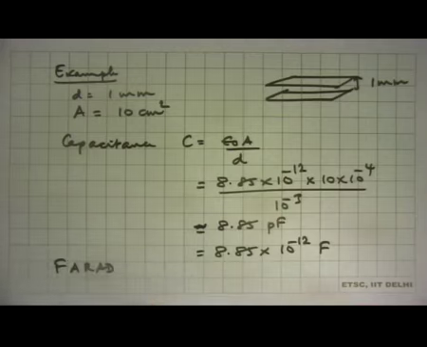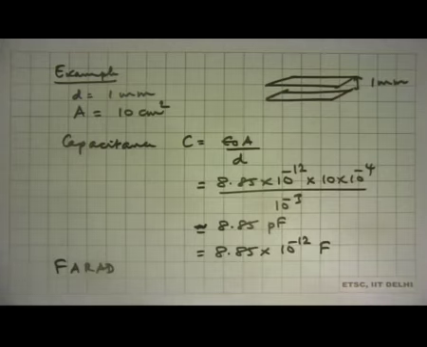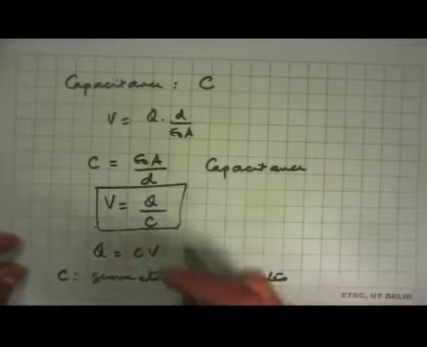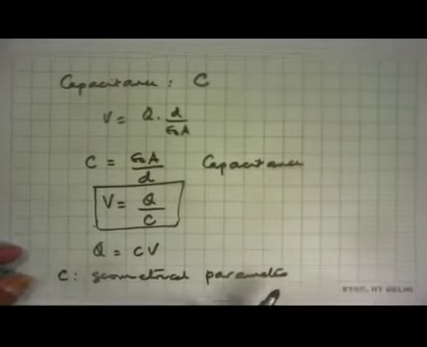This is named after Michael Faraday, and if you look at this equation here, if you take V in volts and Q in coulombs, C comes out to be a unit called farads.